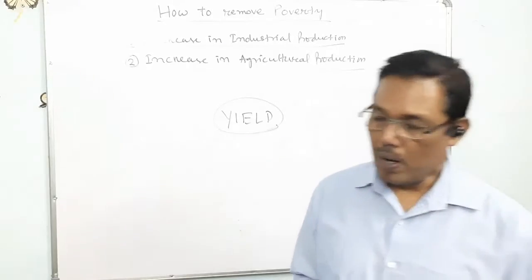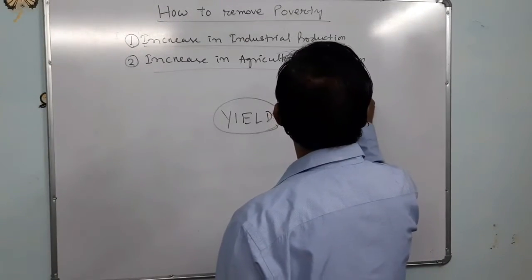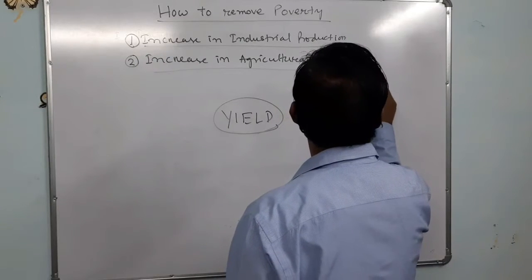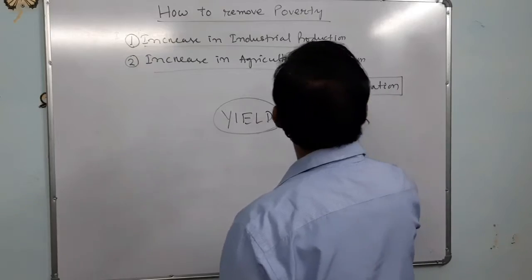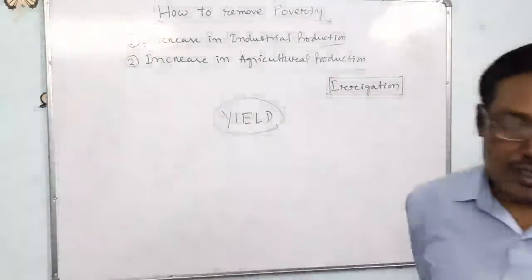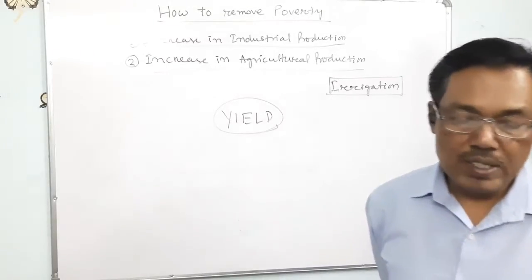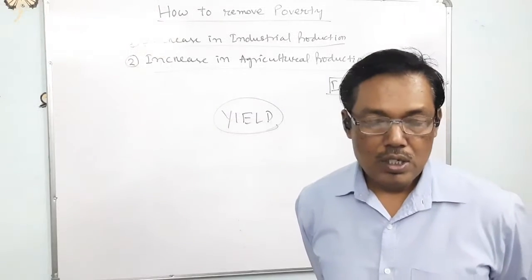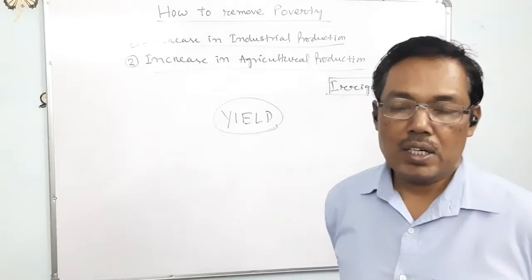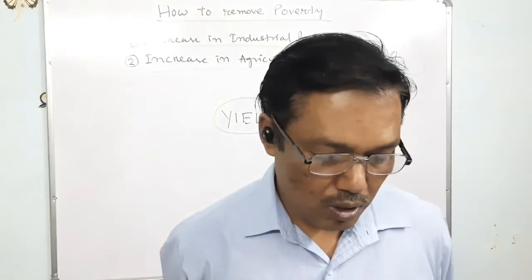So the first problem of the farmers can be solved by irrigation facilities. The most important point is irrigation facilities. Whenever there are irrigation facilities through canals and sprinkler systems, farmers will be motivated and they will produce maximum output.